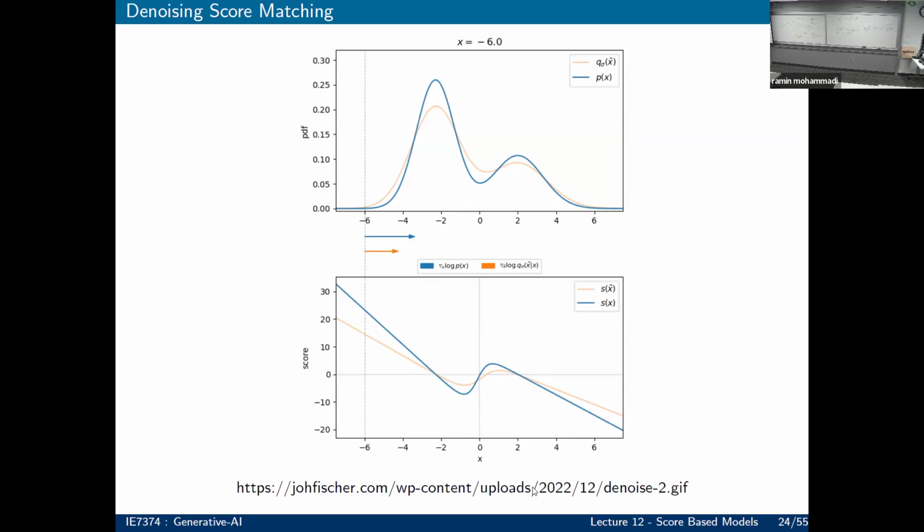Here, you have two modalities. What you will see on the bottom is the actual value of the gradient. It goes to 0 when you are on an actual modality, there is no gradient. If you're on the left side, you have a negative gradient, if you're on this side, you have a positive one, then negative again. The arrow basically tells you which direction to go. So this is what the vector field tells you: which direction to denoise in order to get to a higher density region of the distribution.